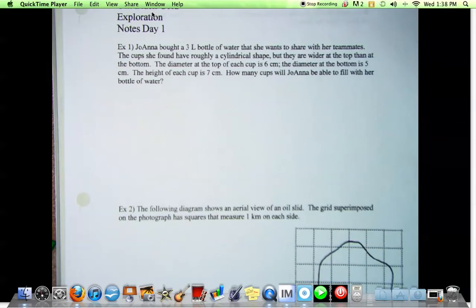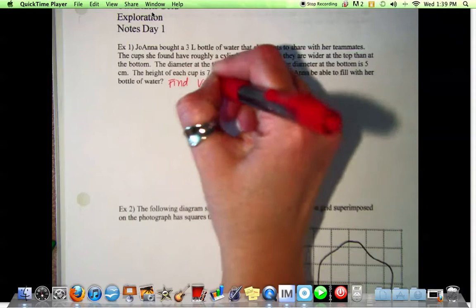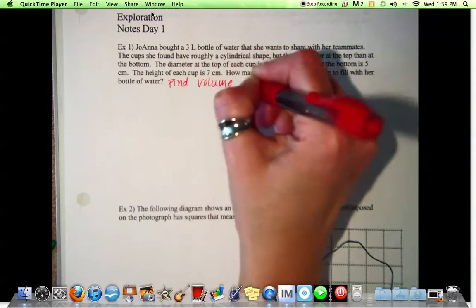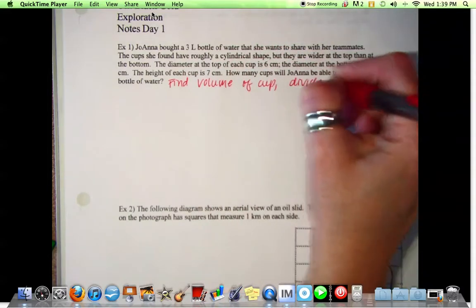Dividing it. Basic operation, we're dividing it. So there's 2 things that we need to do for this problem. We need to find the volume of the cup, and we need to divide the water.